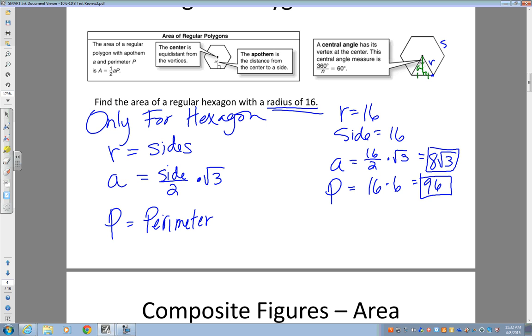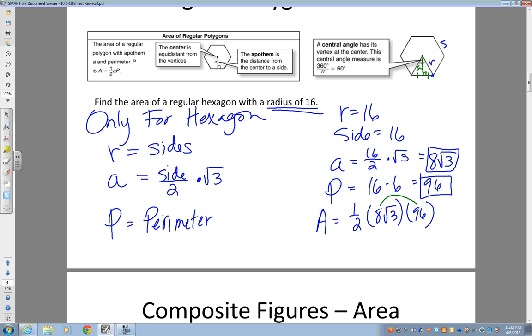There's my perimeter. So to find the area, I'm basically going to just do 1/2 of my 8 radical 3 times 96. Now, what part can be multiplied together? When I'm multiplying 8 radical 3 times 96, what can be multiplied together? Just the 8 and the 96.